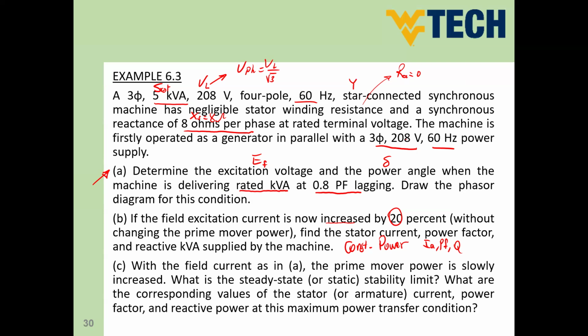Once this order comes to the generating unit, they will start increasing the generation by increasing the prime mover power. So here he mentioned that the power is slowly increased. It has to be slowly, because, guys, if you make a sudden change, this would cause some transient or bad transient effect on the machine.